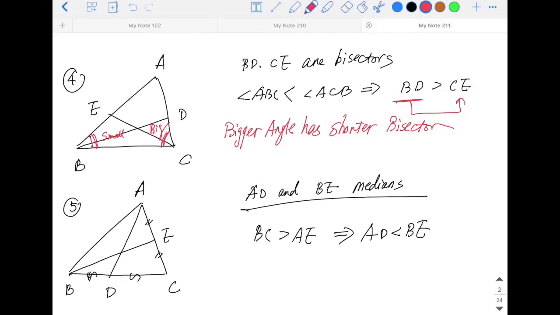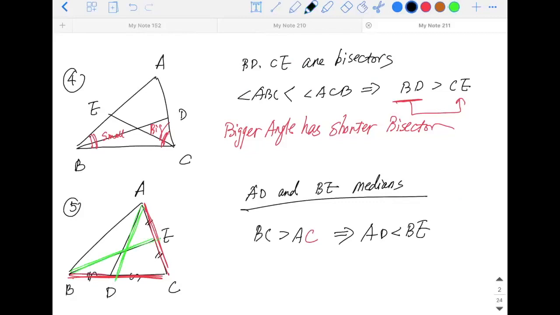So BC is greater than AC. So that being said, you're going to have AD actually lesser than BE.